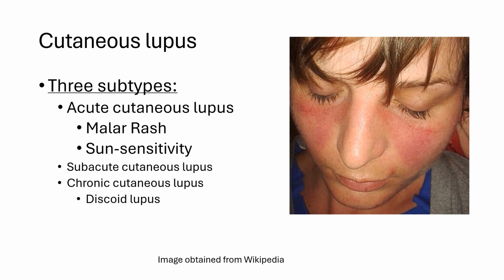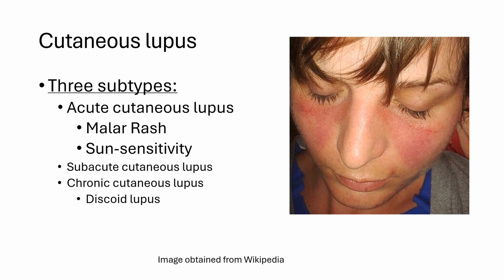What about sun sensitivity? Now, I want to clarify here that sun sensitivity does not mean that you burn easily. It's more of an allergic reaction to the sun. And when you talk to patients with lupus, it's really quite striking. Some of them will be in the sun for only 10 or 15 minutes and then get a terrible rash on sun exposed areas, and it can be very itchy or very uncomfortable.